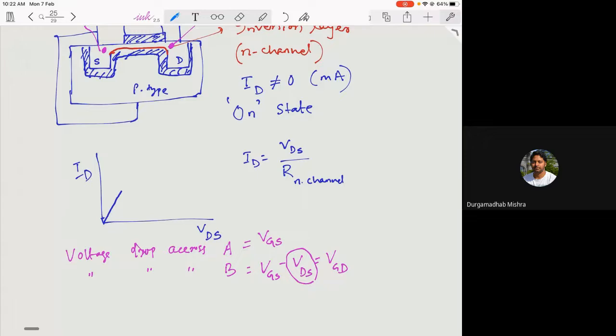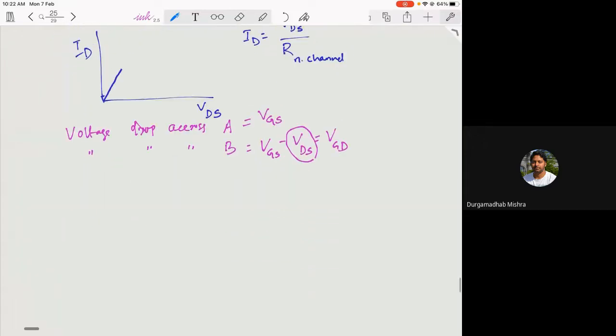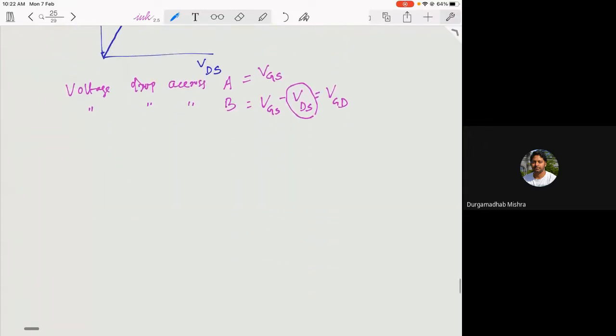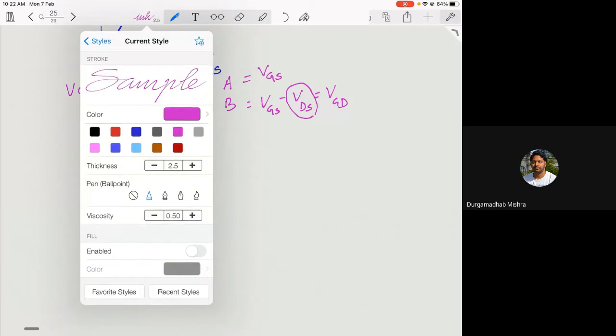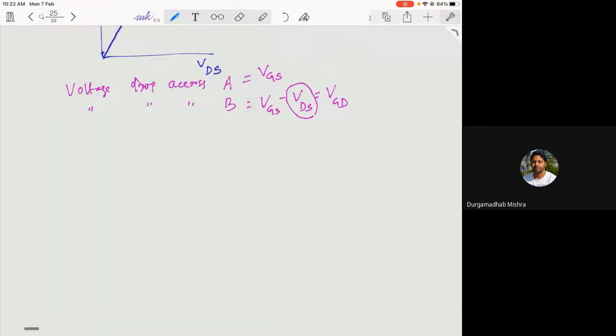Let me draw that again, so that things will be clear. I have the situation here: the n-type, the insulator, and then the gate.